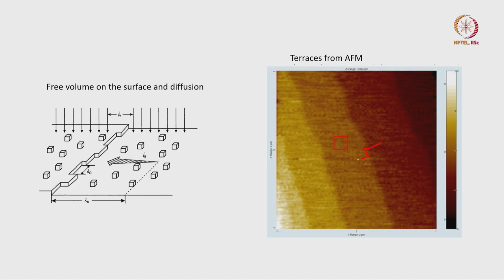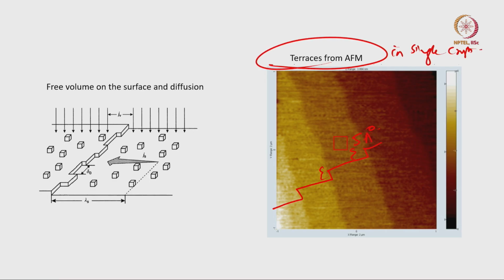So there is some height change here, there is some height change here, and this height change is atomistic, right. I am sorry, I can't see the scale bar, but this height change will be 5 angstroms or something like that. That will be a unit cell or 2 unit cells, it will be discrete, right. So, in the units of a unit cell or 2 unit cells, you can see these terraces from AFM in single crystals.